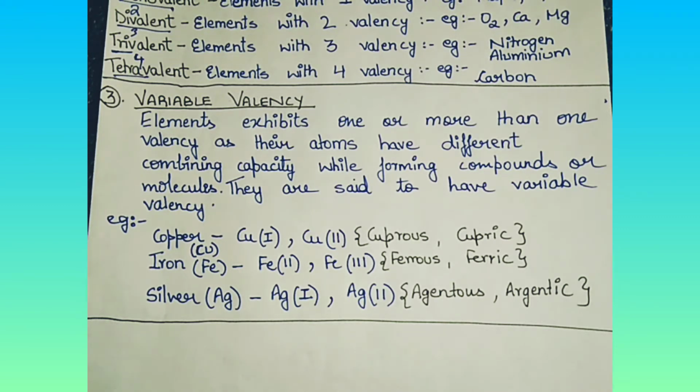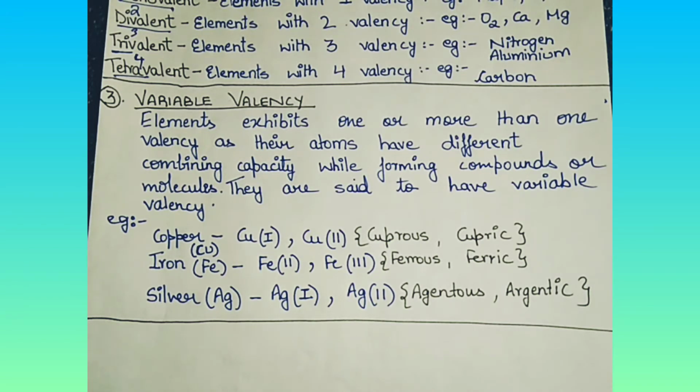The elements exhibit one or more than one valency, as their atoms have different combining capacities while forming compounds or molecules. If they have more than one combining capacity to form compounds or molecules in order to get the stable electronic configuration, they are said to have variable valency.